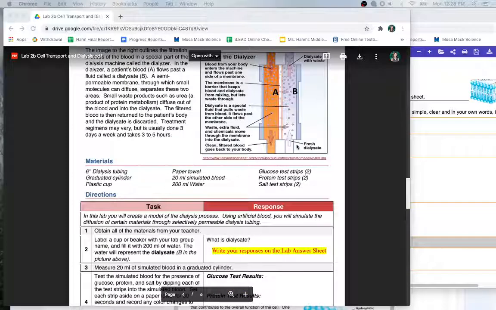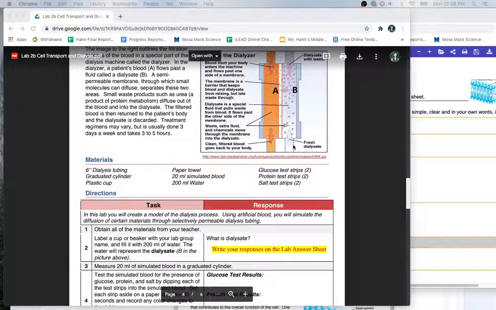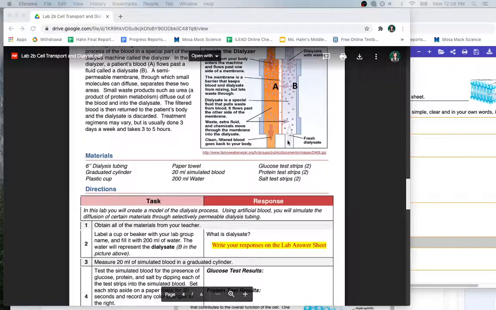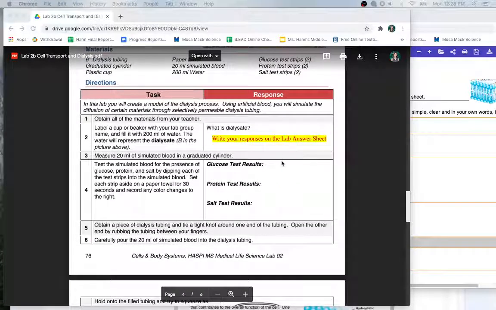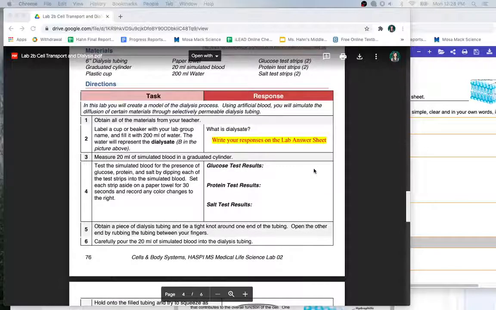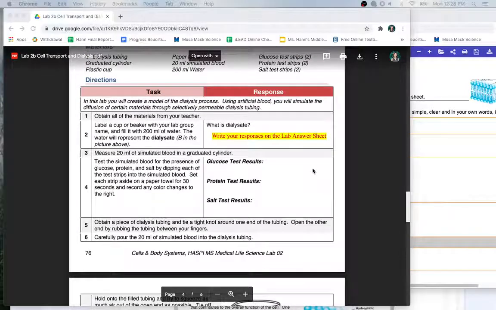And so we're going to be looking at a lab that is going to model the dialysis process. First I have some fake blood, and we'll be testing the fake blood for glucose, protein, and salt.